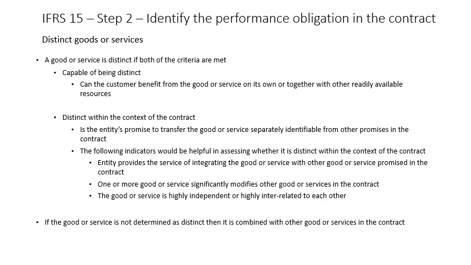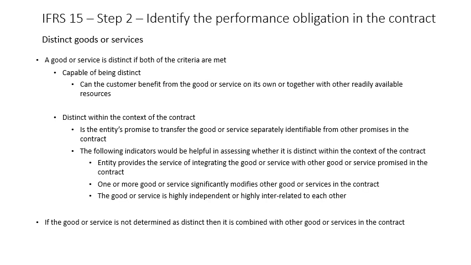Does the entity provide a significant service of integrating one good or service with other goods or services in the contract into a bundle which represents a combined output? One good or service modifies the other good or service in the contract. One good or service is highly dependent on other promised goods or services in the contract.